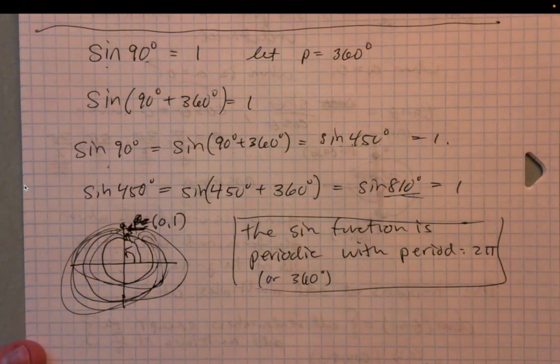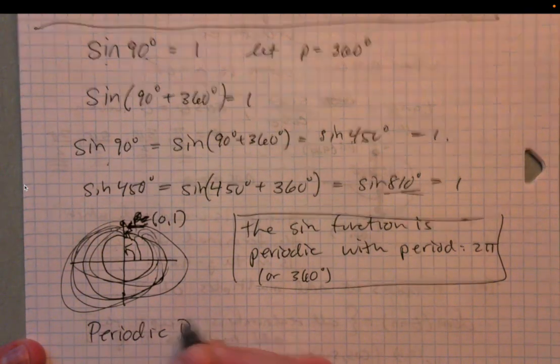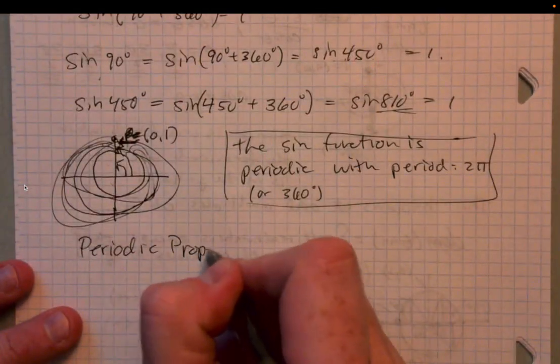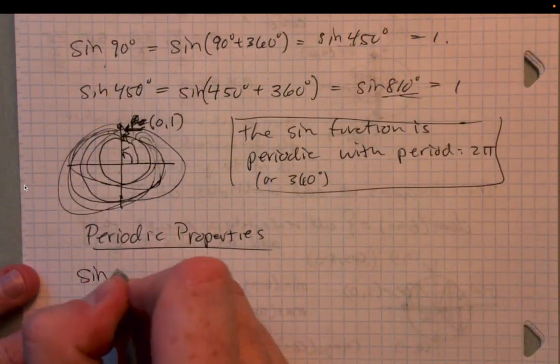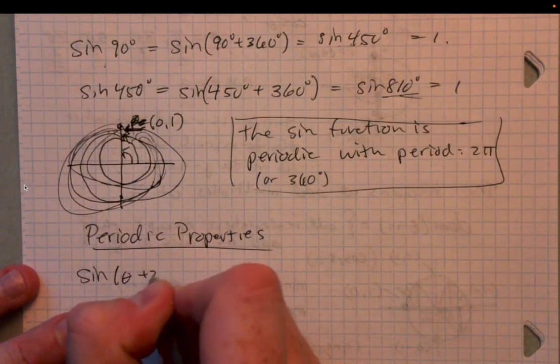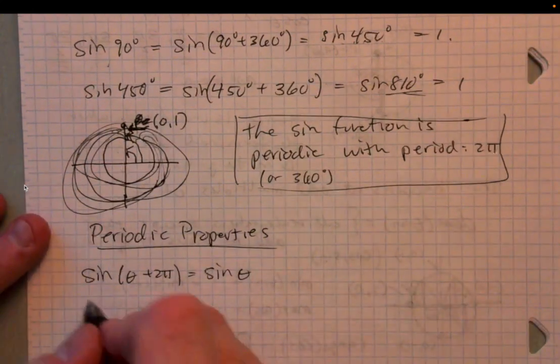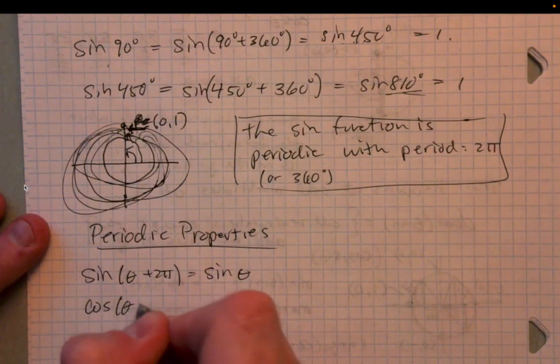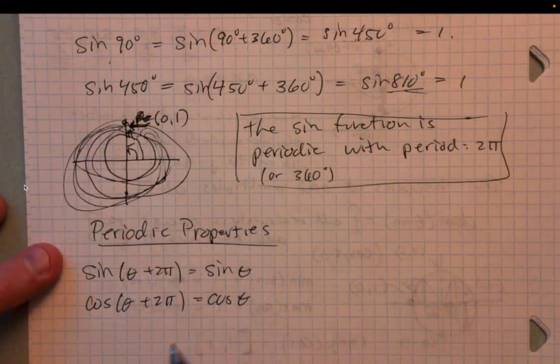Okay, and so the periodic properties are that the sine of theta plus 2 pi is equal to the sine of theta. The cosine of theta plus 2 pi is equal to the cosine of theta.